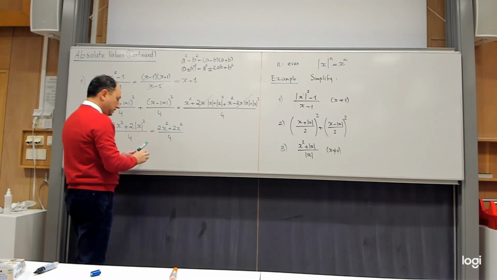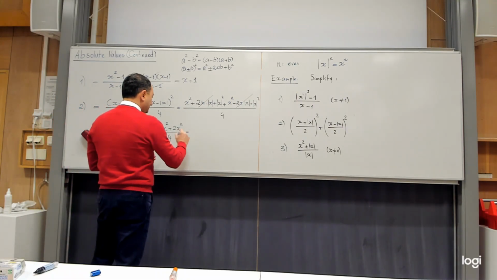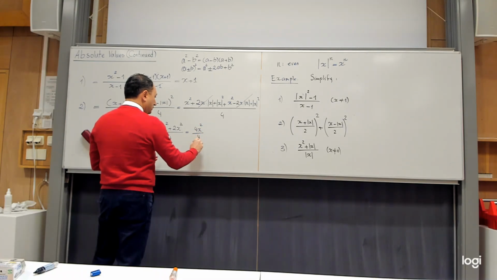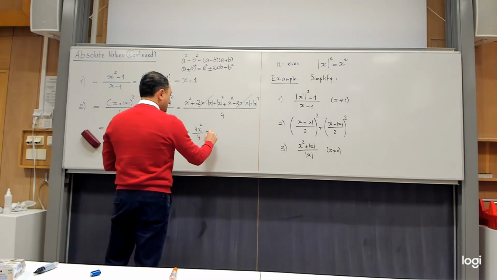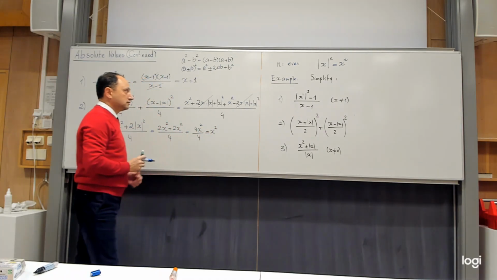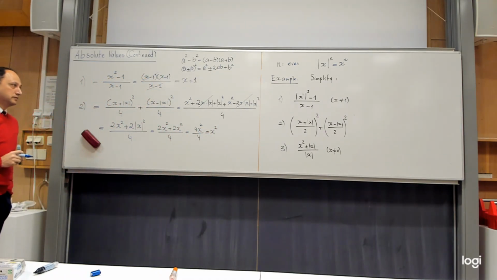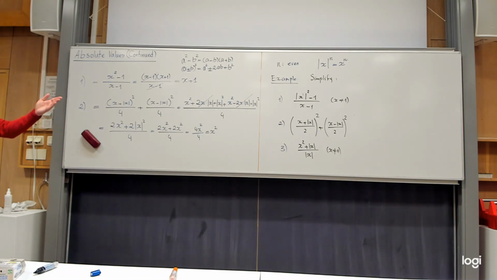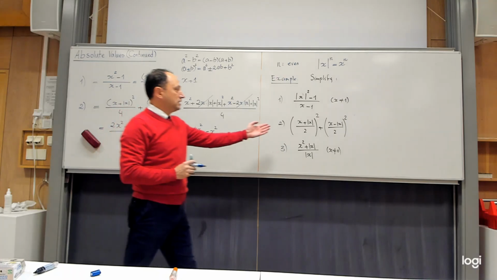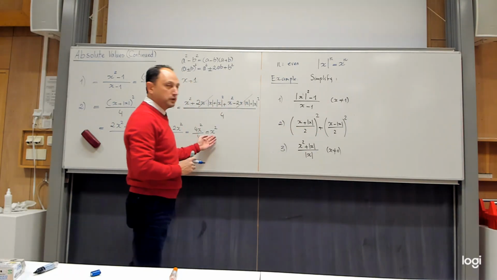But 2x squared plus 2x squared is what? 4x squared, and then divided by 4. Yes, and then this is x squared. So you see, that was actually ridiculously complicated. Instead of working with this expression, we can just work with x squared.